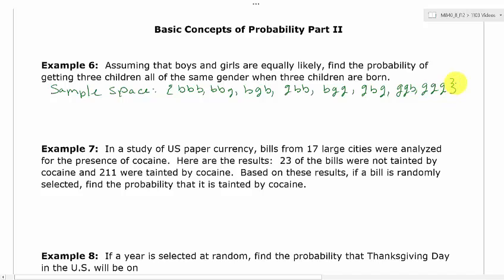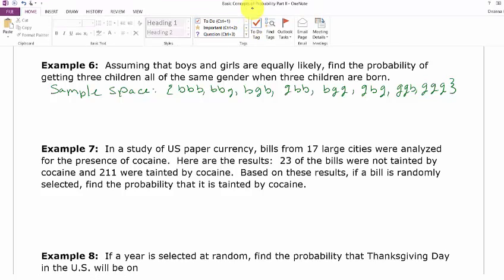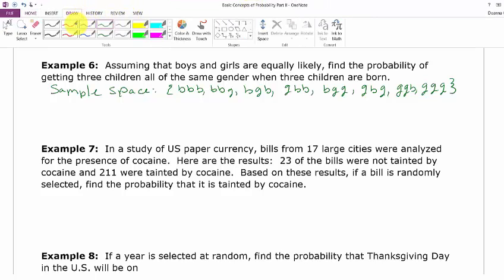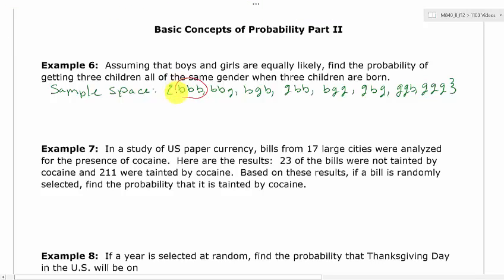So you can list out the sample space and then count how many events there are where all of the children have the same gender. And there are 2 events where all of the children have the same gender, boy, boy, boy, and girl, girl, girl.